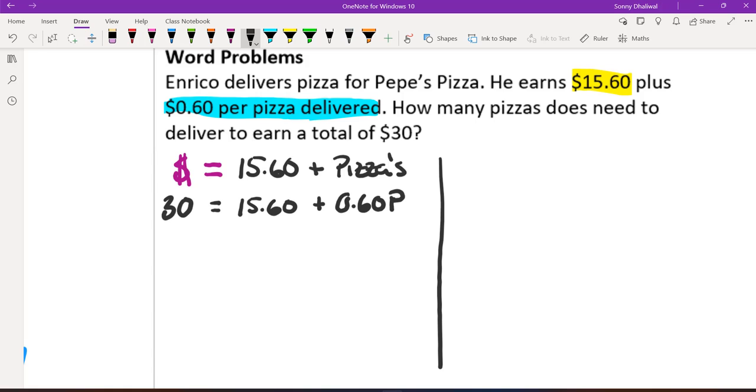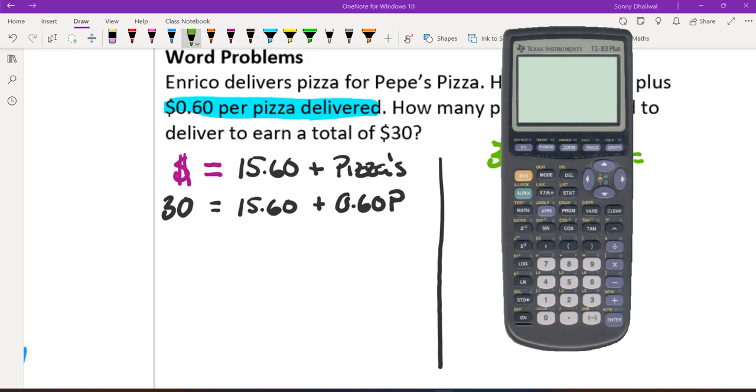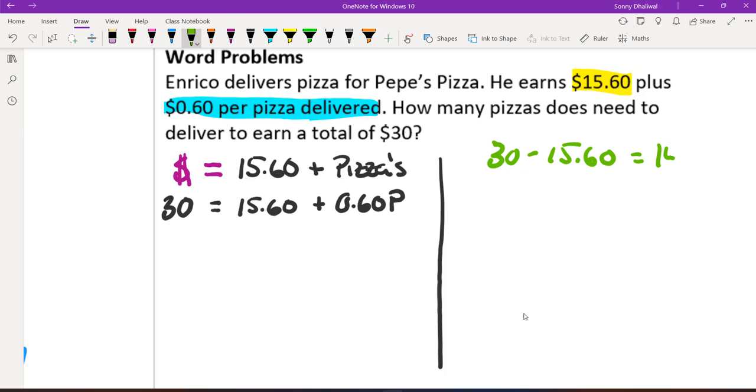So I'd go, okay, I want to find out how much money he needs to make from delivering pizzas. So that would be just 30 minus 15.60, right? So if I grab my calculator, I think that's 14.40 if I did that correctly in my head. Right? So 30 minus 15.60 is 14.40. So he needs to earn $14.40 from delivering pizzas.